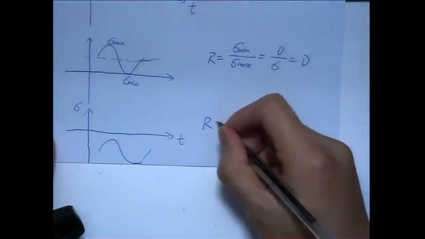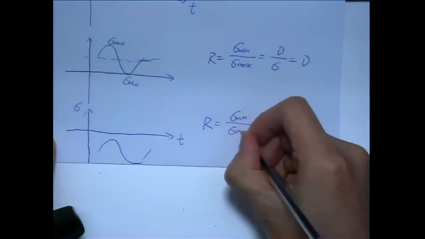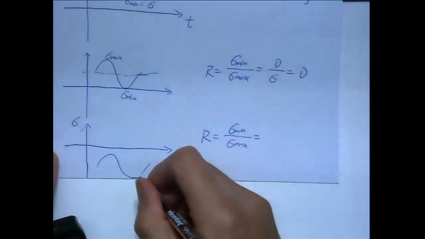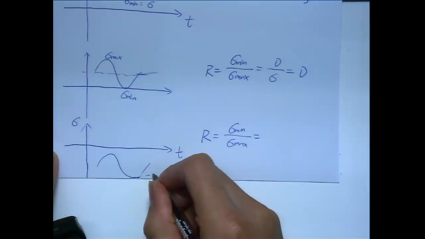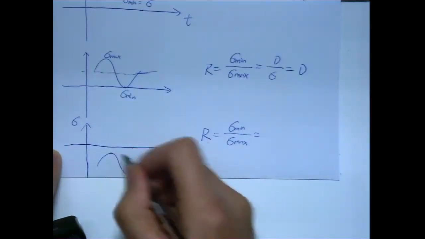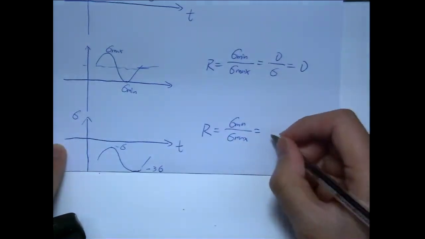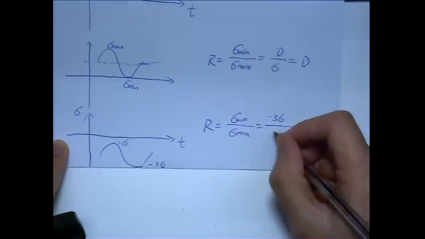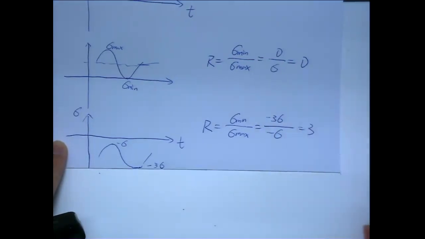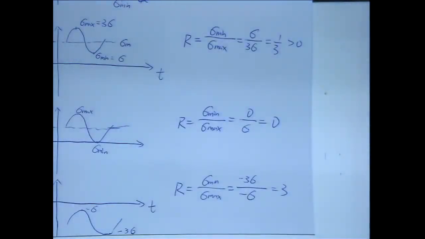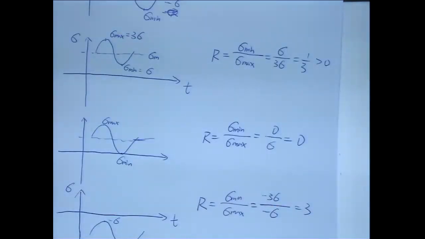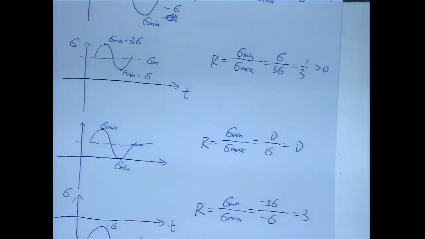Now you will get both values negative. For example, this is minus 3 sigma, and this is minus sigma. Now the minimum value is minus 3 sigma, the maximum value is minus sigma, so R is about 3. So it changes depending on where you put your stress curve. What you need to remember is just the definition of R.